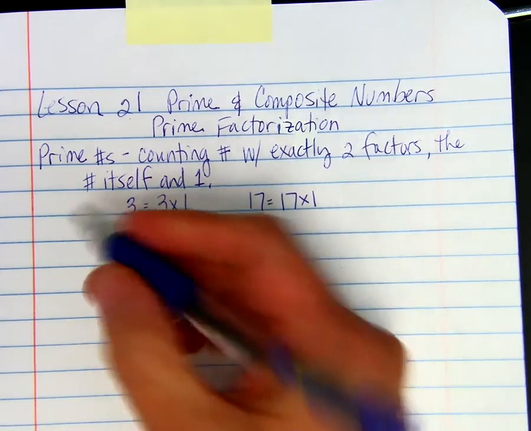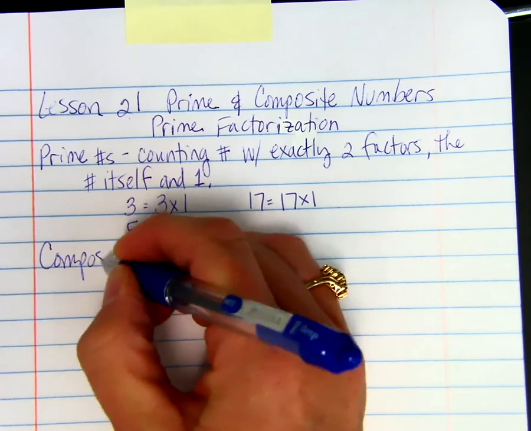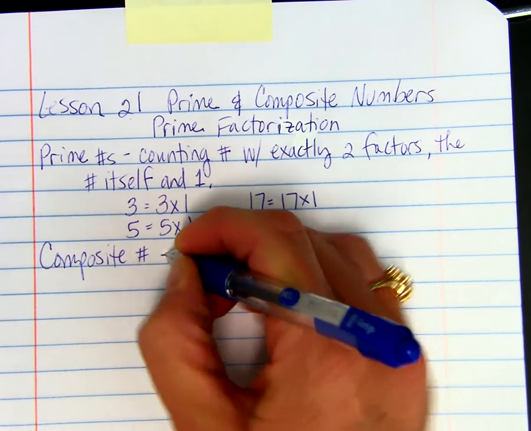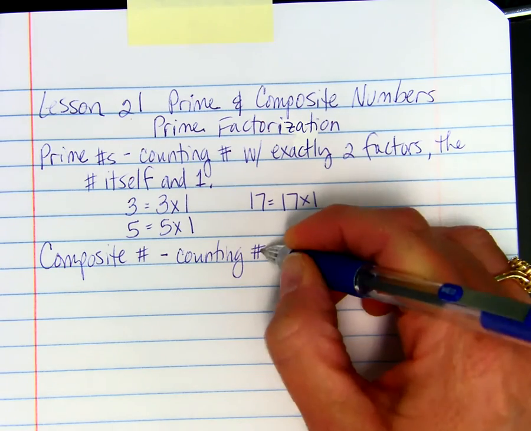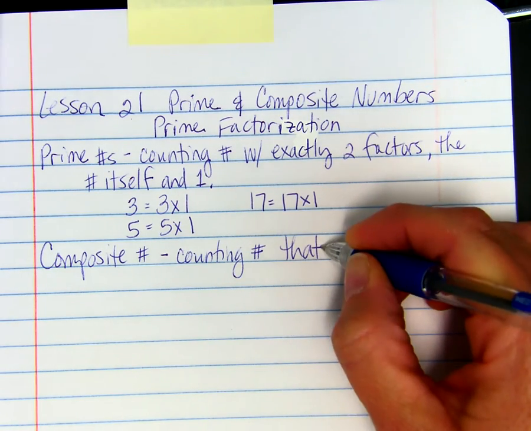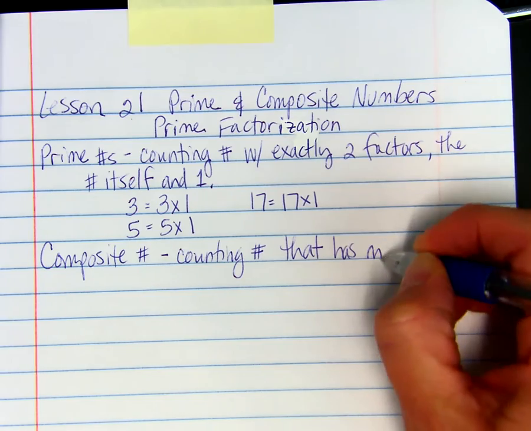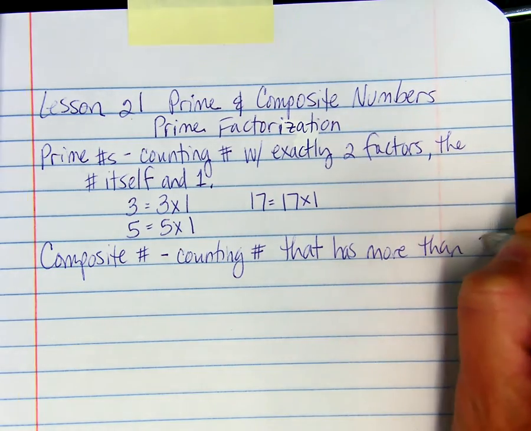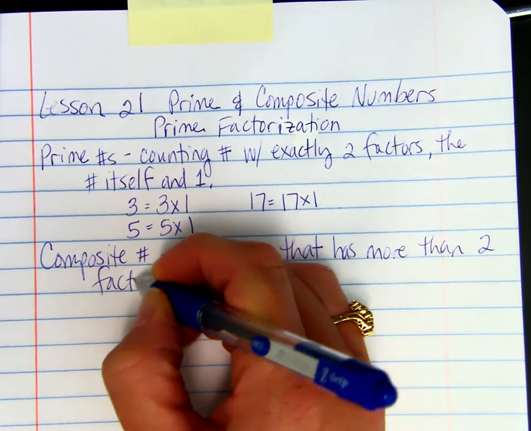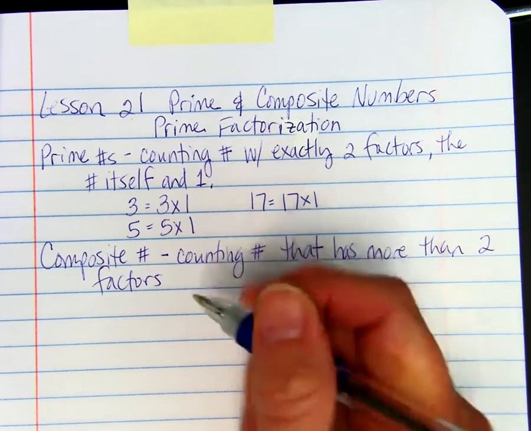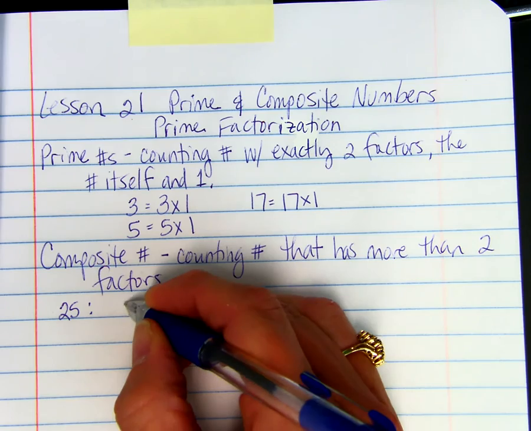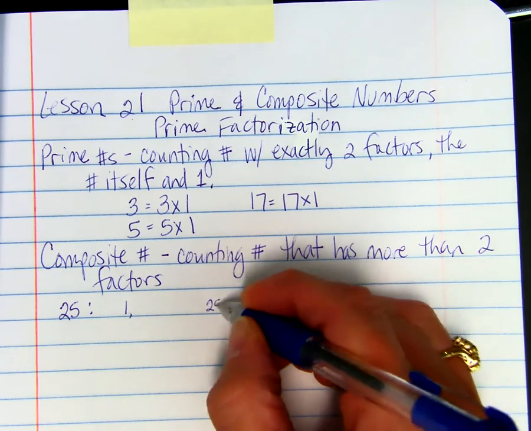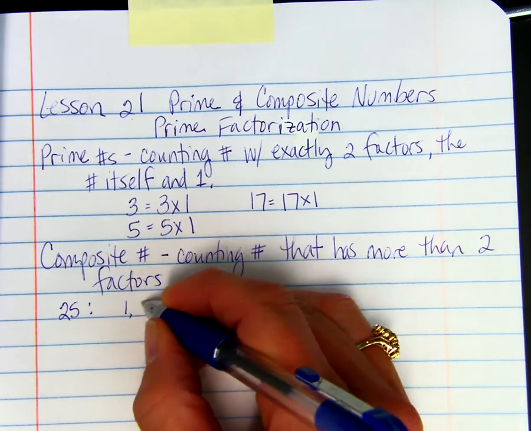Okay, the definition for a composite number is a counting number that has more than 2 factors. So for example, 25 has the factors 1 and 25 and 5 and 5.